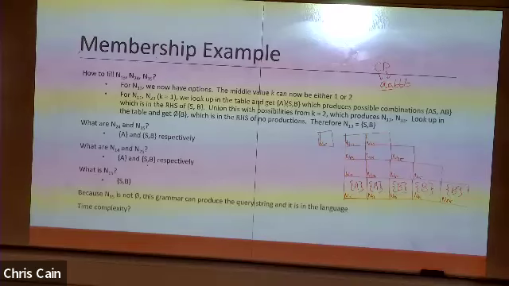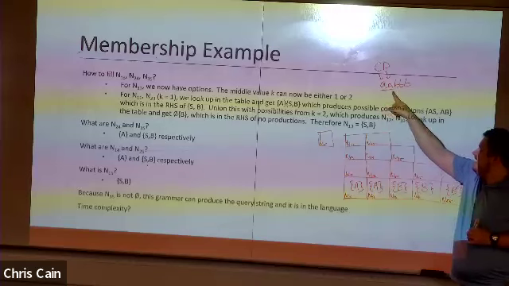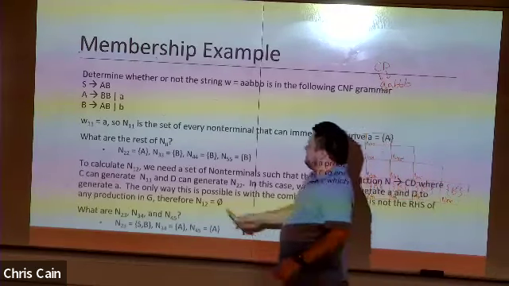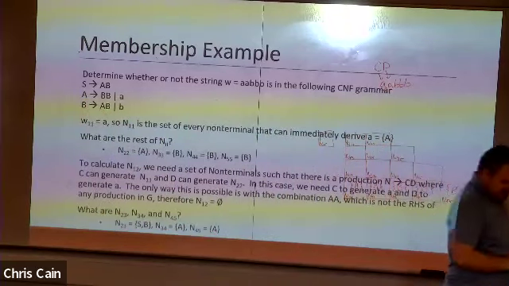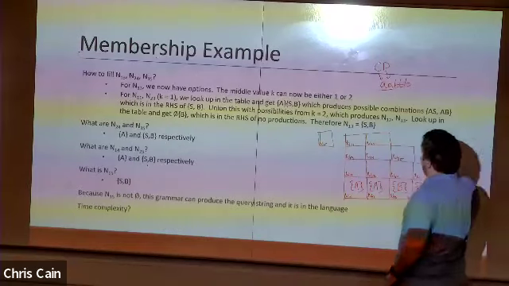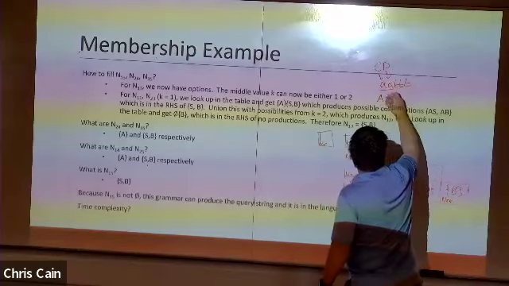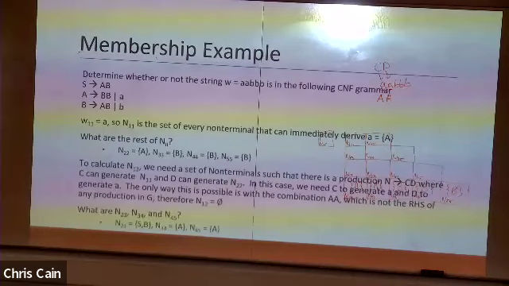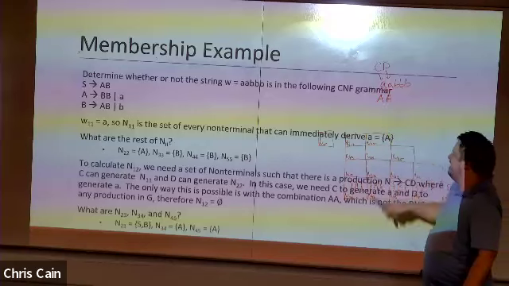So knowing this, we can go back and now say, all right, what produces just A? That was A here. The A production can produce just A. So this C needs to be A, and this D also needs to be A. So now we need to refer back to our grammar to see if we have any possible right-hand side that can produce AA.